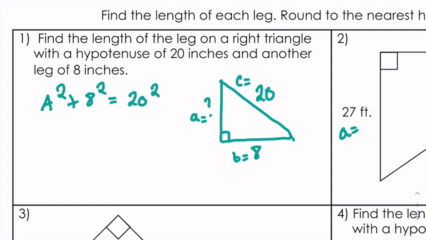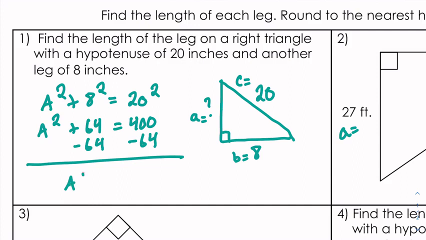We're going to go ahead and simplify by doing the exponents. So 8 times 8 is 64. 20 times 20 is 400. We're going to subtract both sides. So we get A squared equals 336. We're going to take the square root of 336. So our final answer is 18.3.